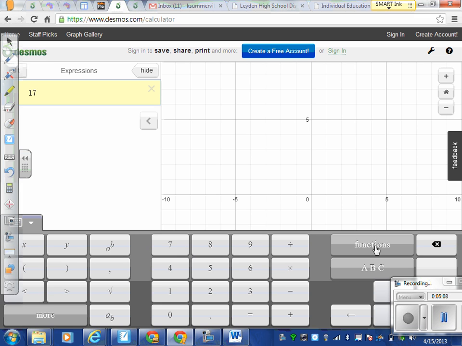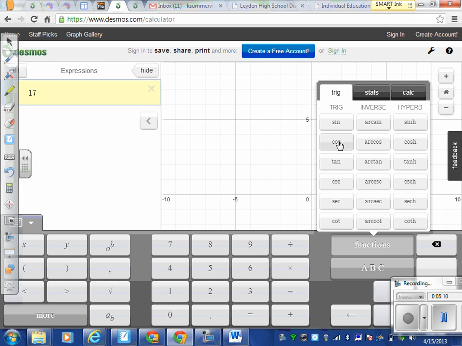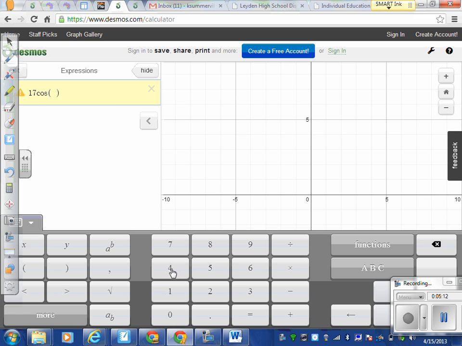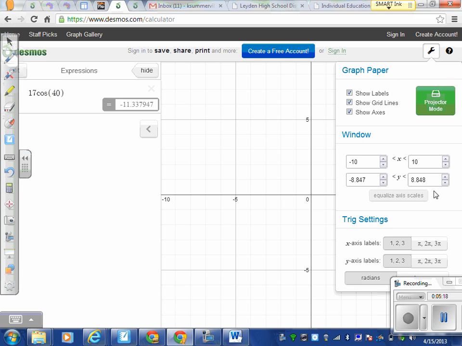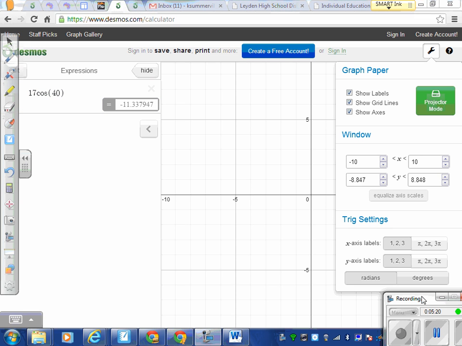You guys have the number I wrote down? 17 cosine 40, right? 40. And there is your answer. But if I didn't put the wrench in correctly and set it to degrees, I would have got a different answer. But changing it to degrees, I get 13.02. So make sure that you change the degree button, because if it's in radian, it'll give you the wrong answer. So that's what you needed to do.